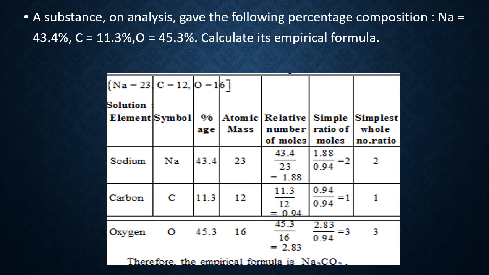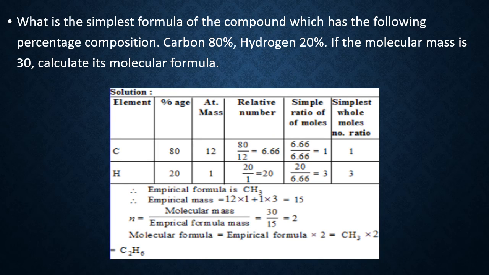Now we'll go to the third example. This is a compound of carbon and hydrogen. The respective percentages are given, the atomic masses are given, and the molecular mass is given. When the molecular mass is given, you have to calculate the molecular formula. Element, percentage, respective atomic mass: 80 by 12, divide this by this. So this is the fraction.